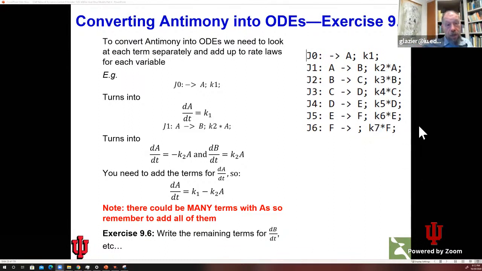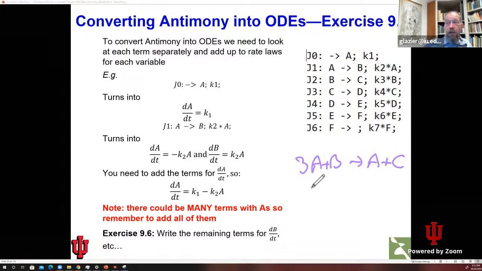And when you're doing chemical reactions, it's quite possible for the same letter to appear on both sides. I'm not doing that for you today, but it's possible to have something like 3A plus B goes to A plus C. And in that case, you actually have to be a little more careful.